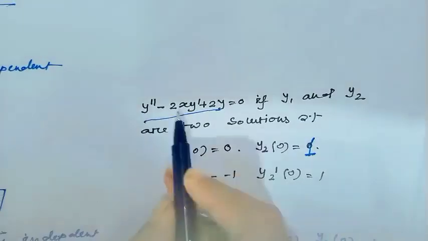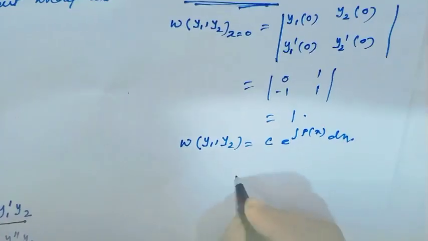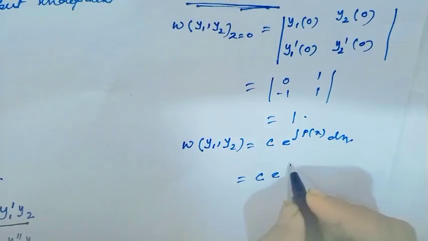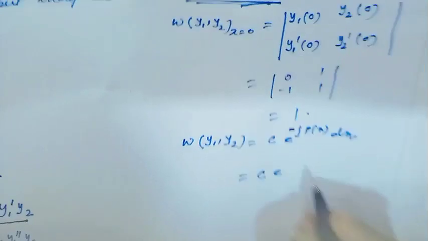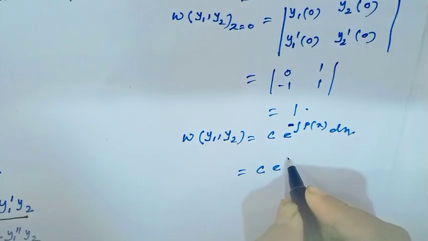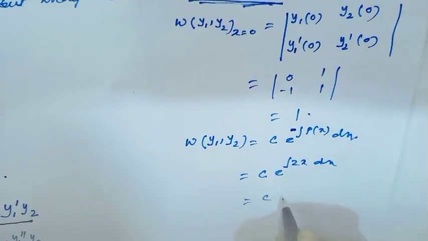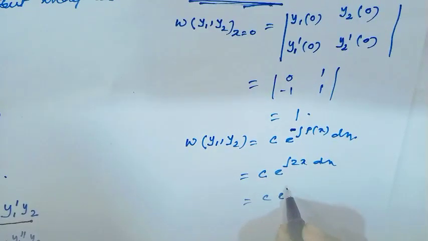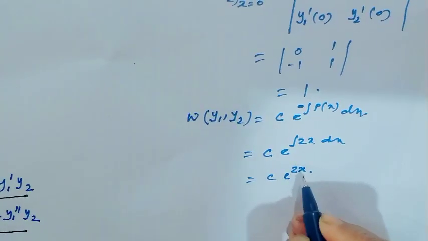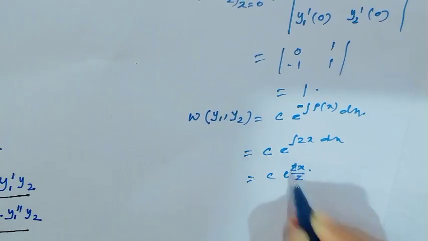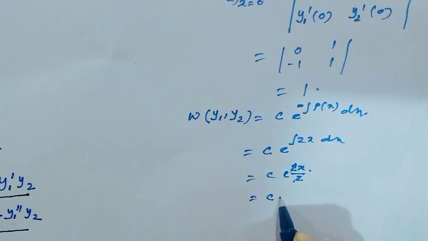Here p is obviously minus 2x. So this value would be c e to the power integral of 2x dx, which is c e to the power 2x squared over 2. That means this value would be c e to the power x squared.